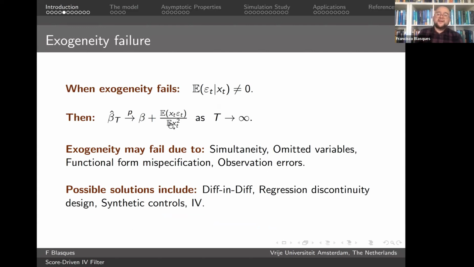And as a recap, exogeneity may fail, so we may have endogeneity, for multiple reasons. Simultaneity, so when x, let's say, causes y and y causes x, simultaneity generates endogeneity.